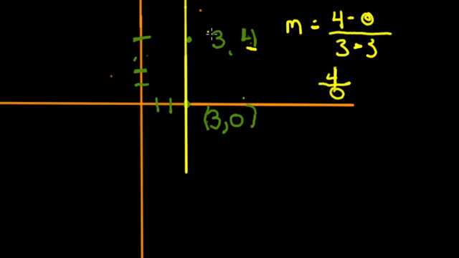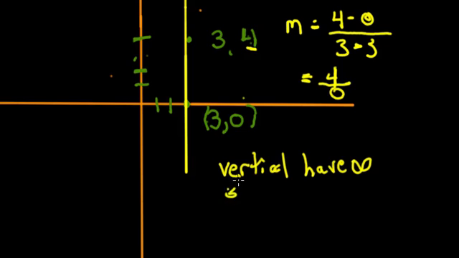But we can't divide by 0. And so we say vertical lines have infinite slope or undefined slope. You'll see in this book we'll tend to say undefined slope because it's all up. There's no slope. It's straight up.